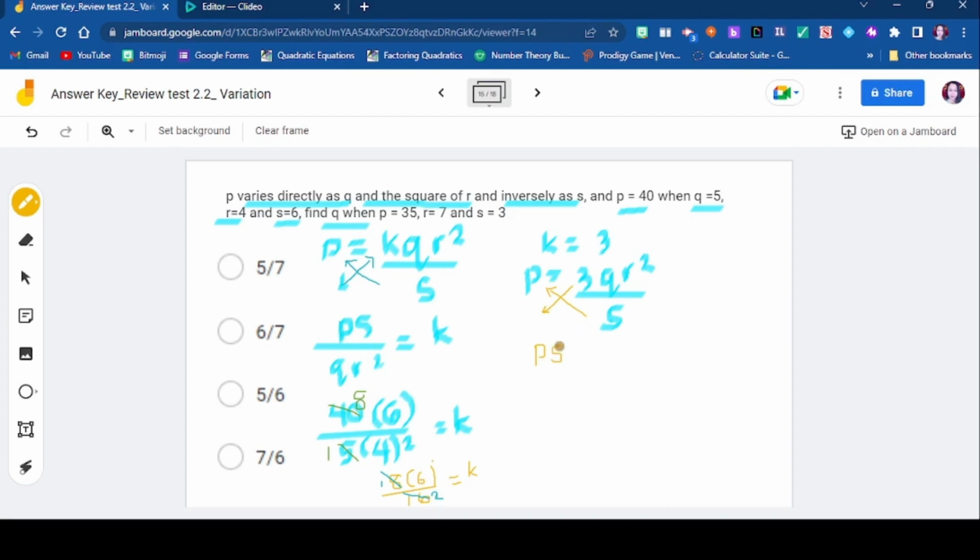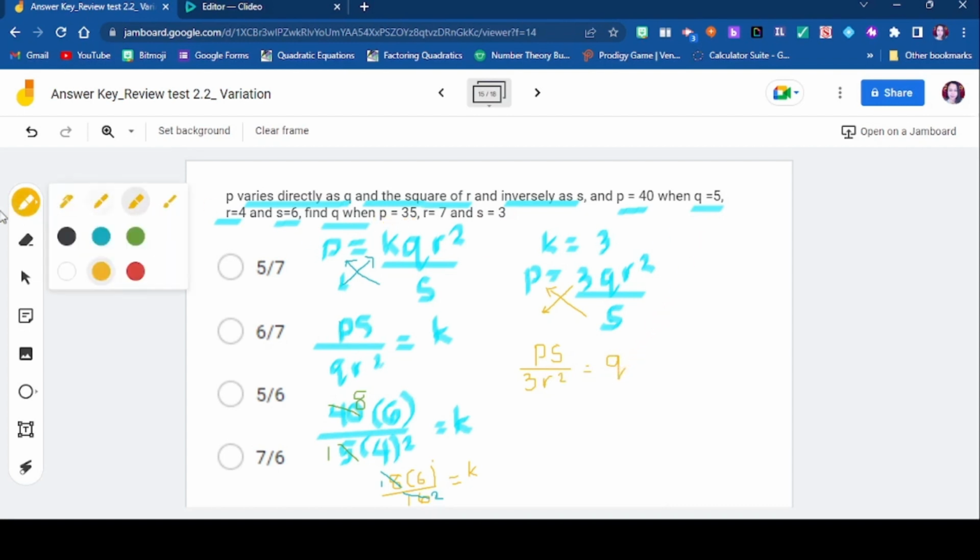Since the arrow says it goes down, we will just retain the Q in the right hand side. So let the 3 stay in the denominator together with R squared. Then it is equals to Q. Since our formula is ready, let us substitute.